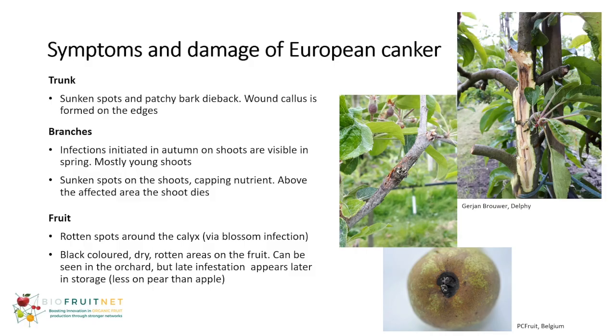There are sunken spots on the shoots, and they are cutting off nutrients, so above the affected area the shoot dies. In fruit, rotten spots around the calyx are seen via blossom infection, and black-colored dry rotten areas on the fruit. They can be seen in the orchard, but late infection appears later in storage, and you see them less on pear than on apple.